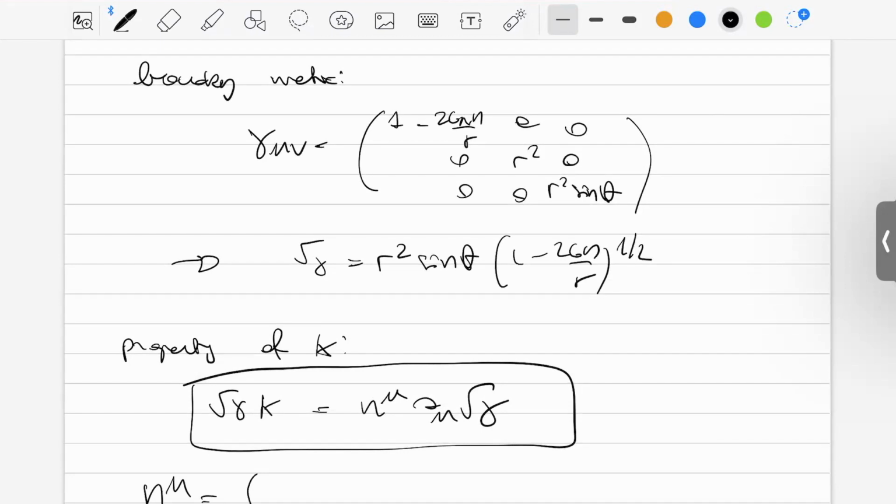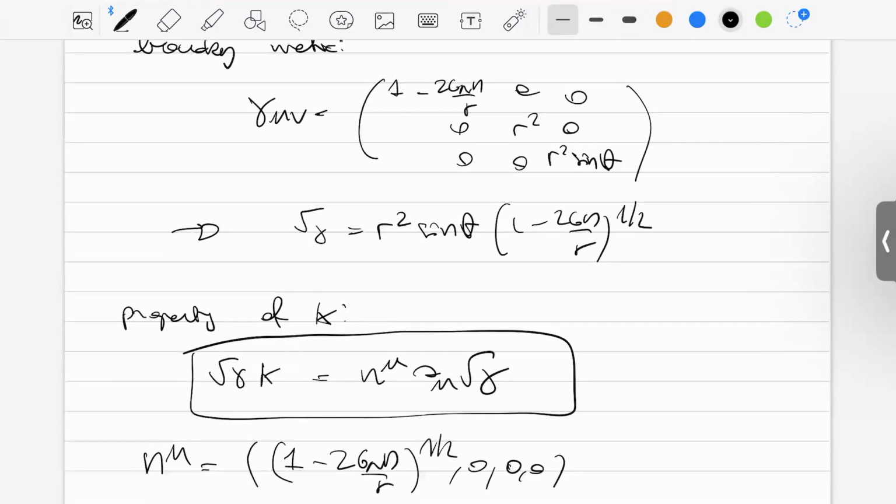If you were in flat spacetime, you would just write 1, 0, 0, 0, right? But here we are in the Schwarzschild background, so the normalization is not the same as in Minkowski. It just has now these factors, 1 minus 2GM divided by r to the power 1/2.